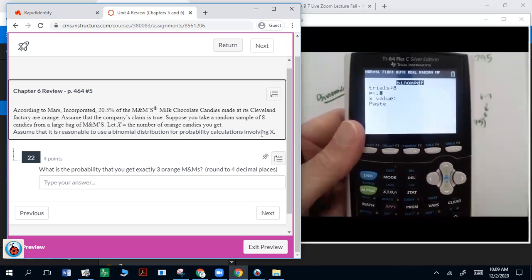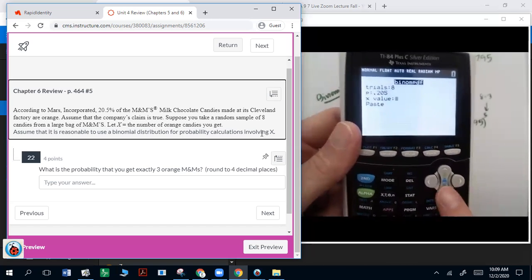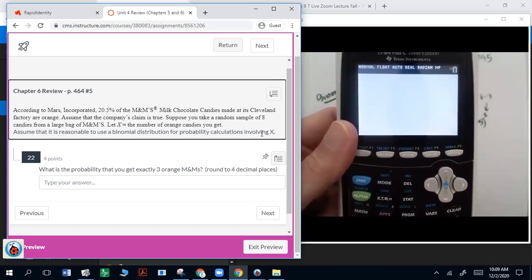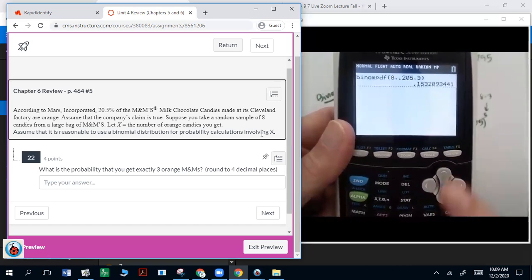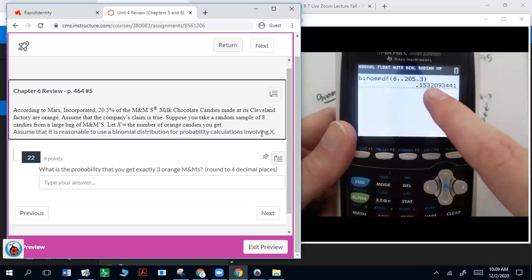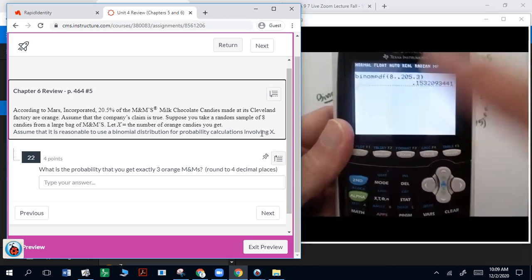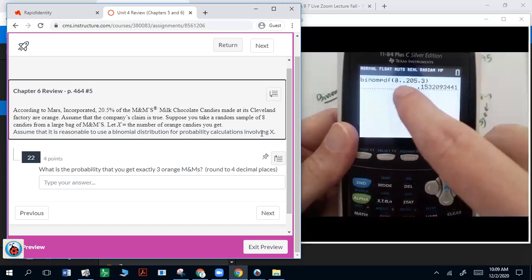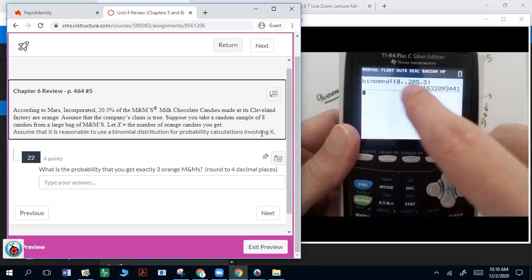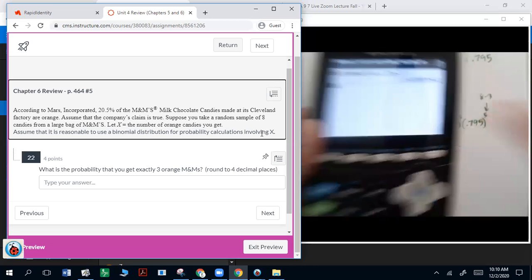Probability is 0.205. X value is 3. And that's going to be 0.1532. And if you're on a TI-83 calculator, you just do 8, 0.205, 3 when you input that. 0.1532.